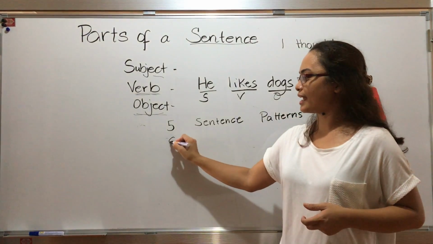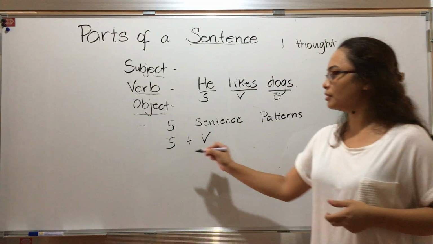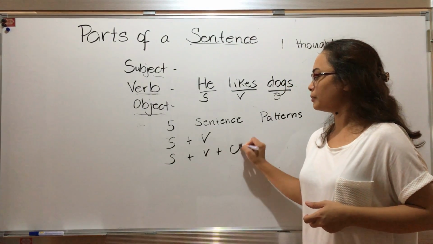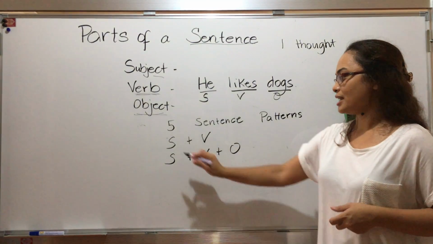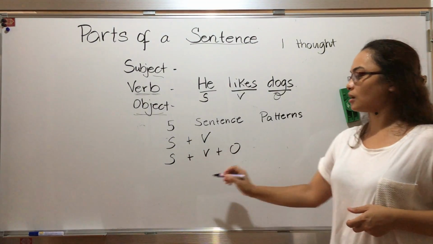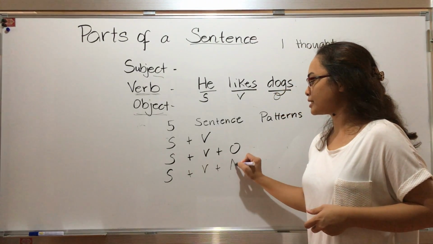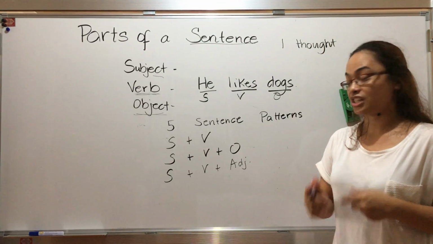We have the S plus V, or subject plus verb, S plus V plus O, which is the very, very common one in English language. S plus V plus ADJ, this is the shortcut of adjective.